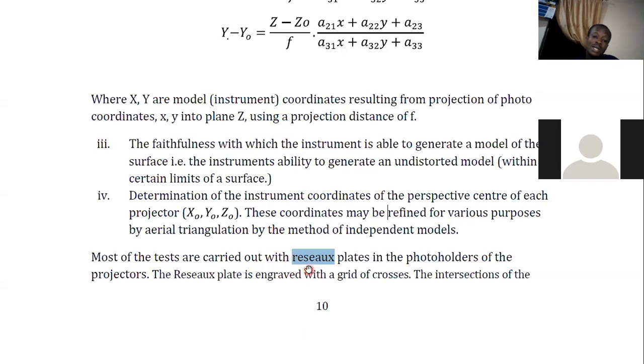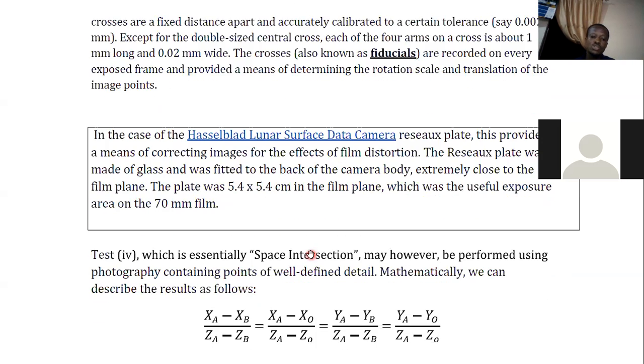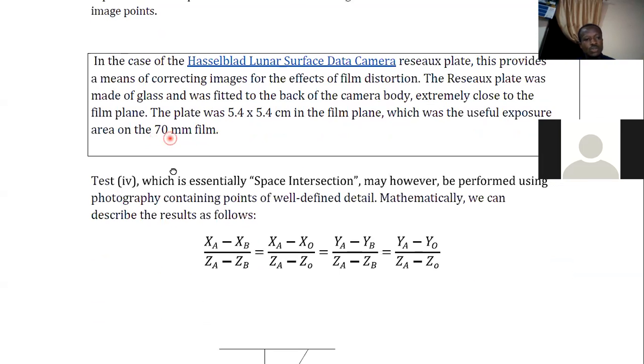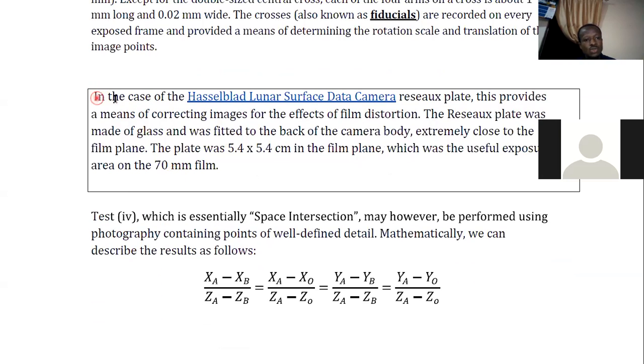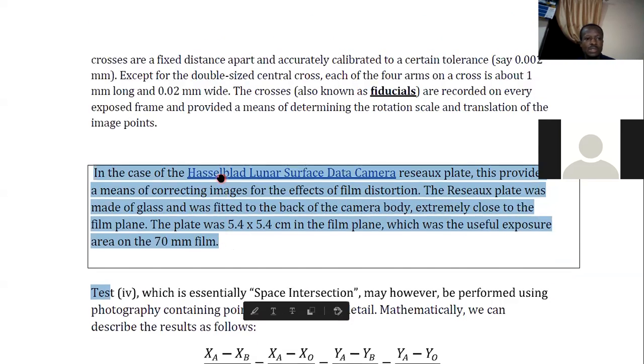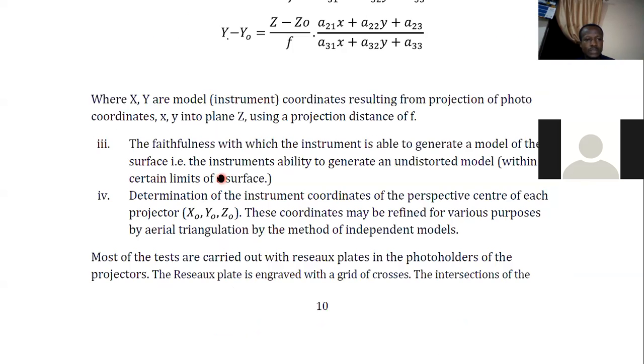The result plates, the clear glass with 9 points on them, will bring you to more equations. I've put this here to explain that this is also used in remote sensing. The same process is used in remote sensing.